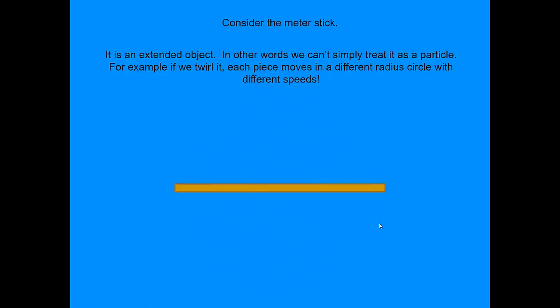Right? Different size circles, same amount of time. And so if we want to deal with the meter stick as an actual object, we have to deal with the fact that different parts of it move differently when it spins.